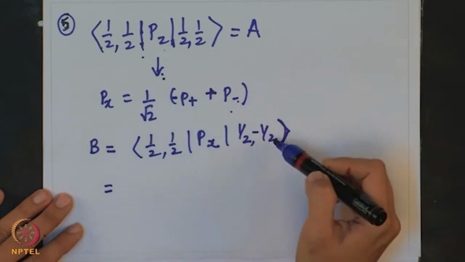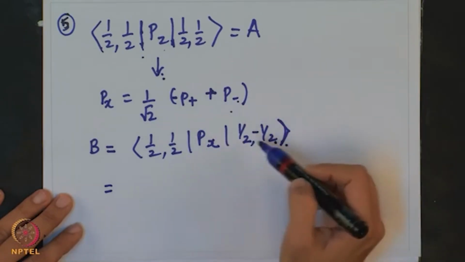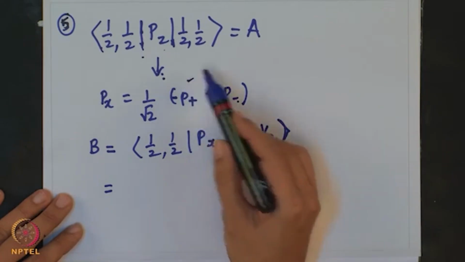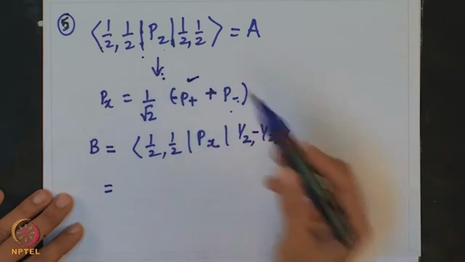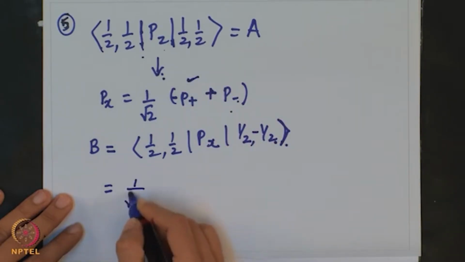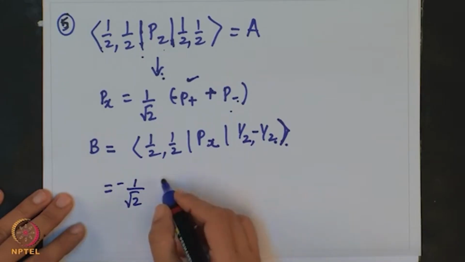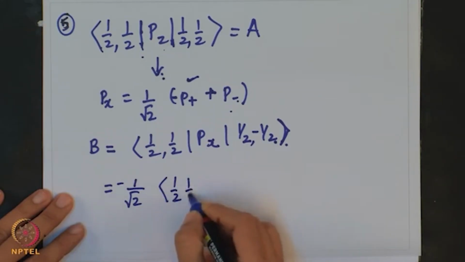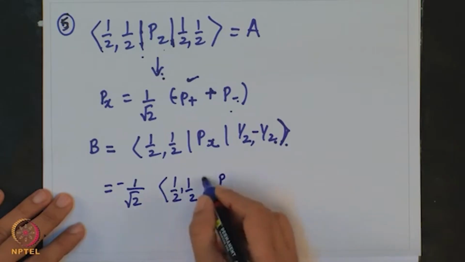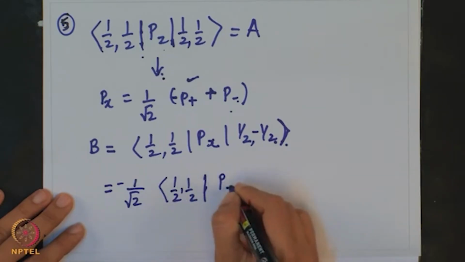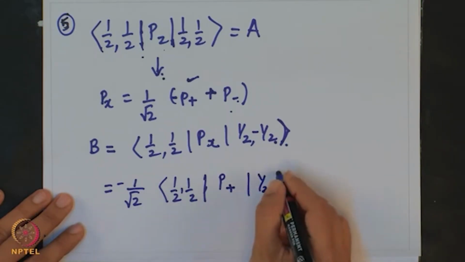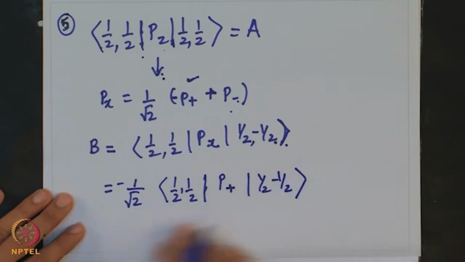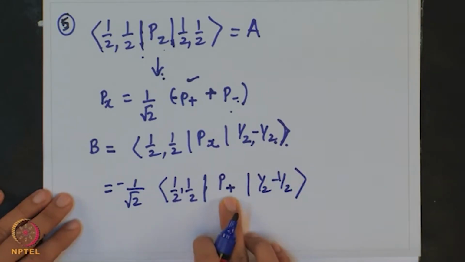Obviously, p minus will not act on this, but p plus will act, so this will only give us the non-zero contribution. So this will give me minus half <1/2|p_+|-1/2>. Now, again you have to write this in terms of an irreducible tensor.